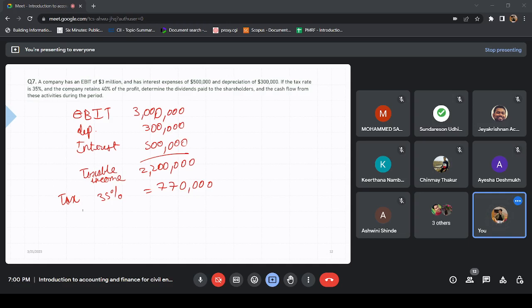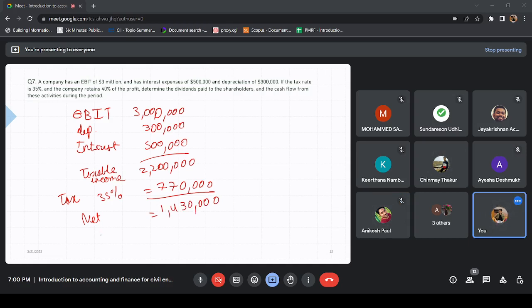So net would be this figure minus this. Yes, okay, so yeah, this kind of seems right.